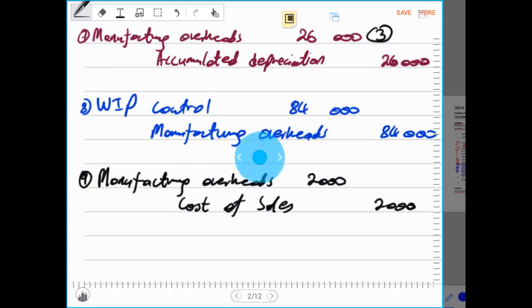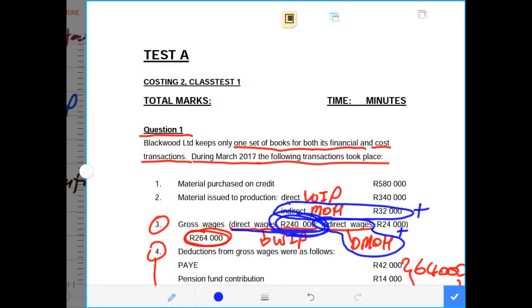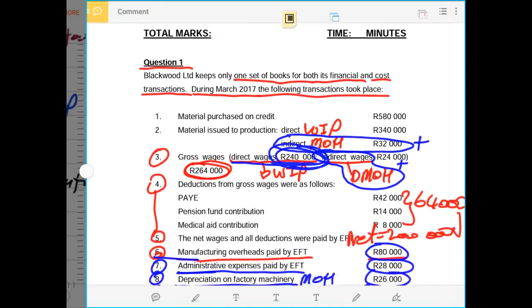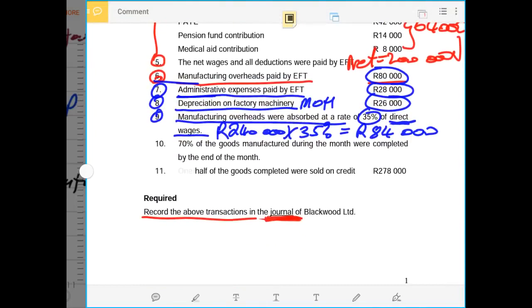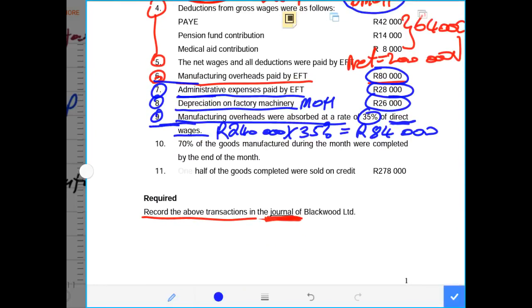The next transaction tells us that this was number 9 where we come from. It says under number 10 that 70% of the goods manufactured during the month were completed.